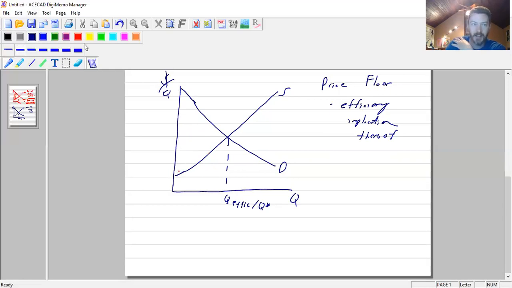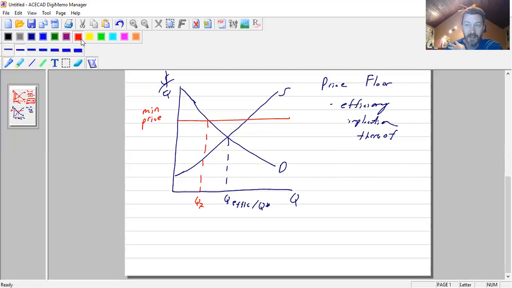So suppose government comes in and imposes a price floor. Let's just call that the minimum price. That's the lowest price that you can charge for this good. Well, in this case, this will become the new quantity.